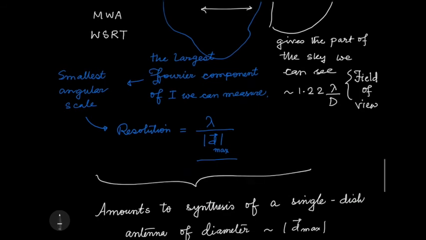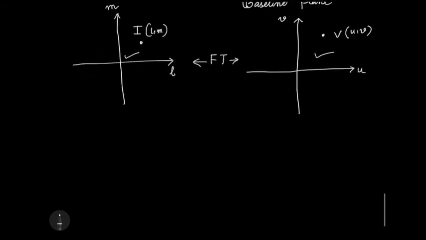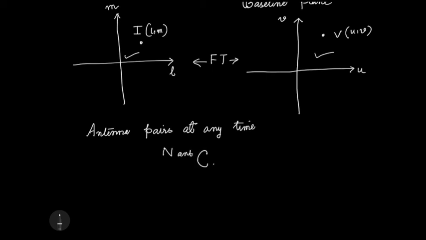And the number of antenna pairs at any moment, at any time, is n antenna C2, C for combination.